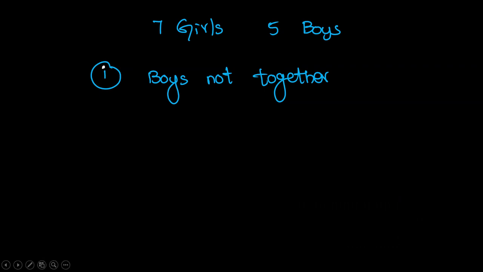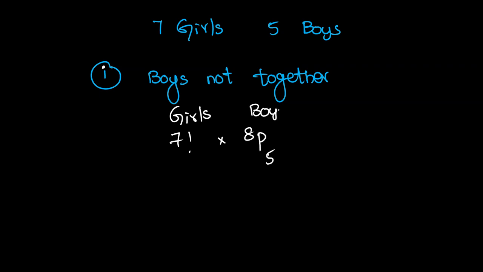First, whom to arrange? Girls. 7 factorial ways. When there are 7 girls, 8 slots will be available. Question completed. 7 factorial into 8p5. You have to question yourself why 8, sir, why 5, sir, what is the 7 factorial?